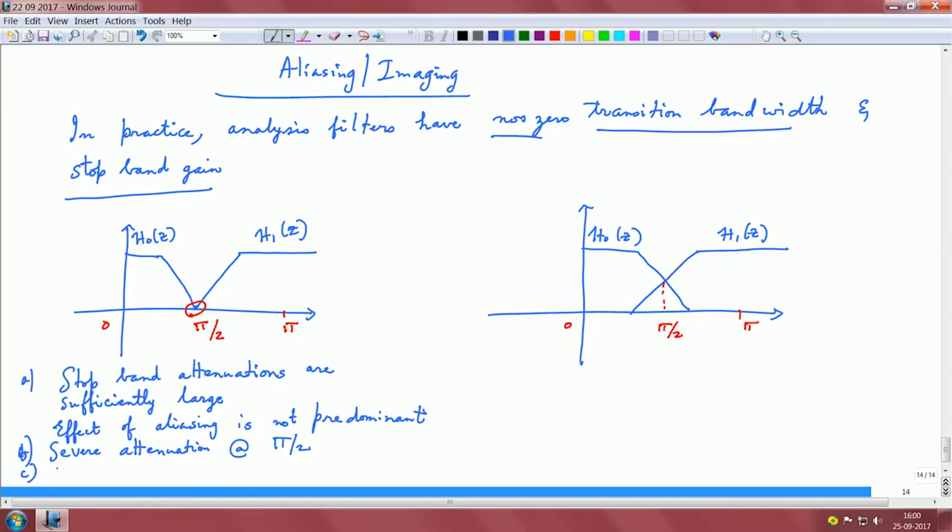So, noise amplification during synthesis can be one of the caveats that you can face when you design these type of filters.